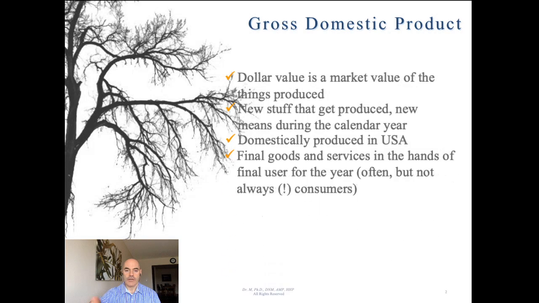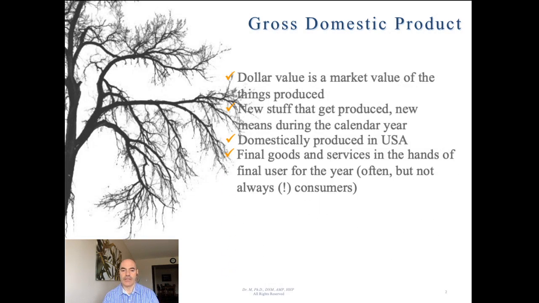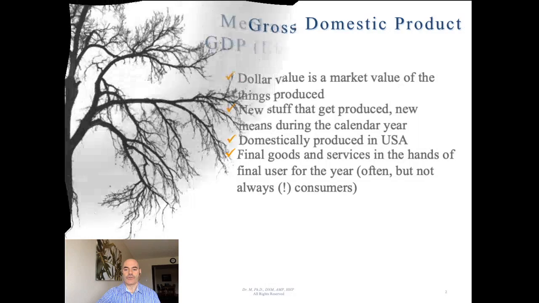And one more important item is that it has to be final goods and services in the hands of the final user for the given year, often but not always consumers. All right, so now we have the definition of GDP, and we are safe to go and look at how to measure it with some useful applications.